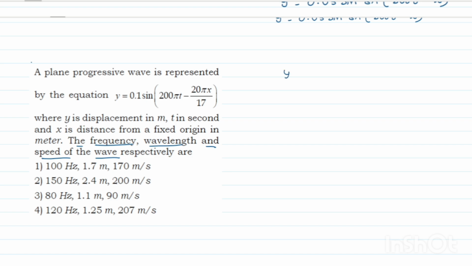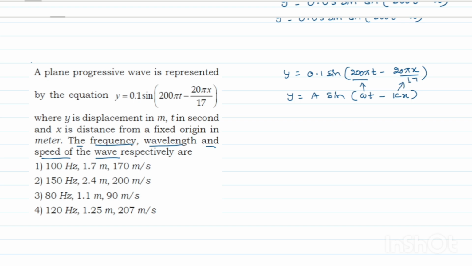This is in the form y equals a sine of omega t minus kx. Here omega is 200 pi, and k is 20 pi by 17.